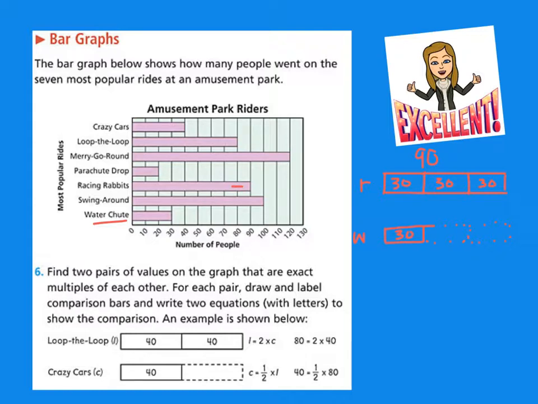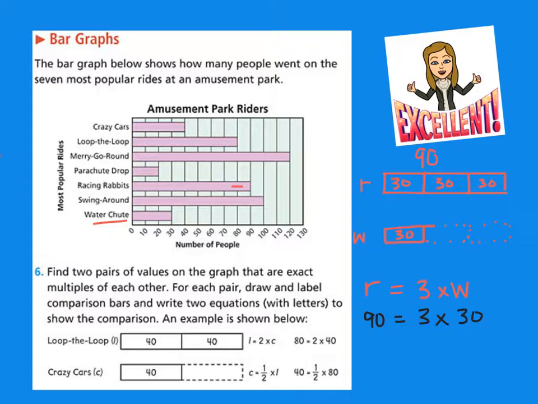So if I wanted to find the racing rabbits, I would have to take 3 times 30. So in other words, or actually, I'm going to use letters here. Instead, I would have to take 3 times the water chute, which then using numbers would mean the racing rabbits, 90 equals 3 times the water chutes, 30.